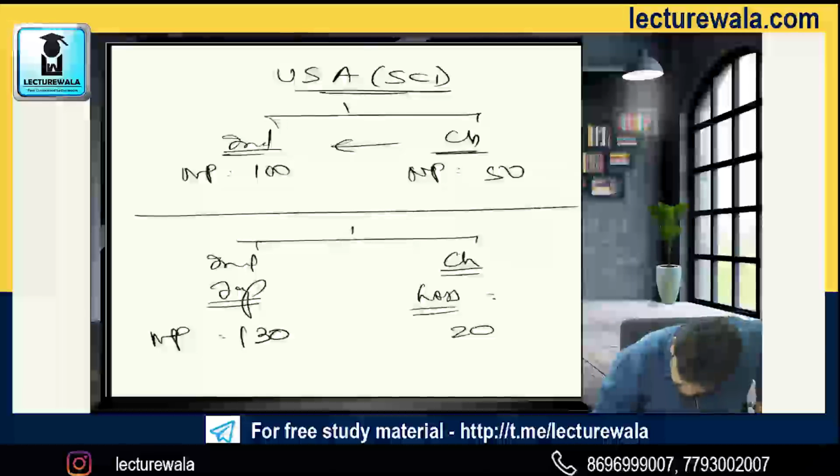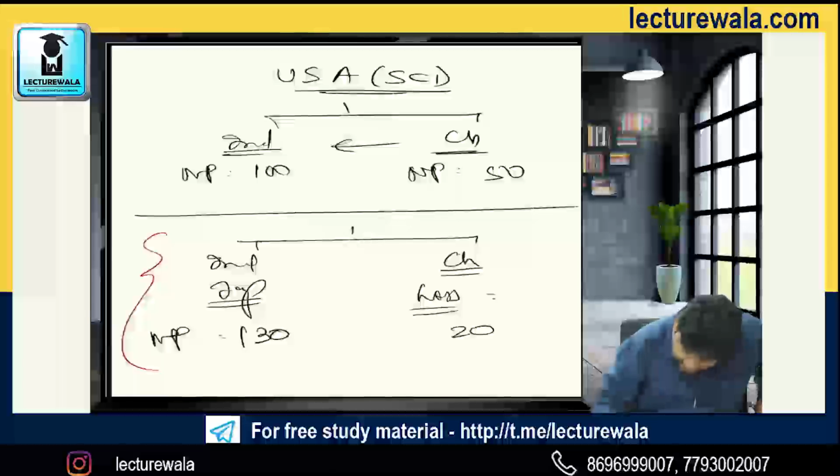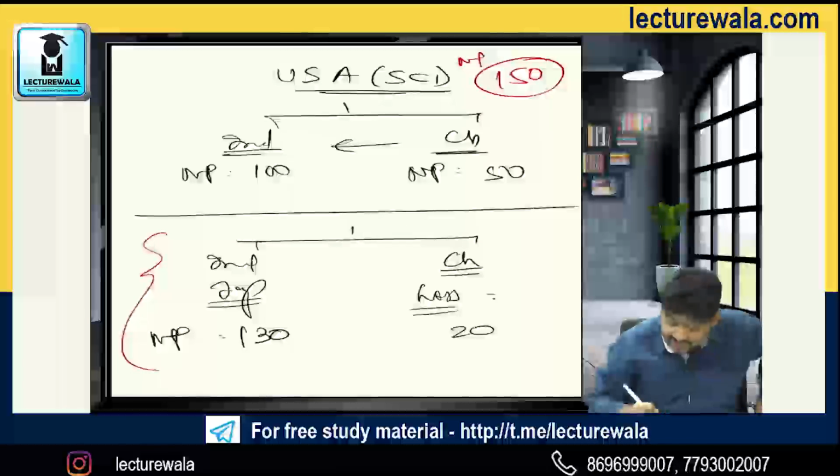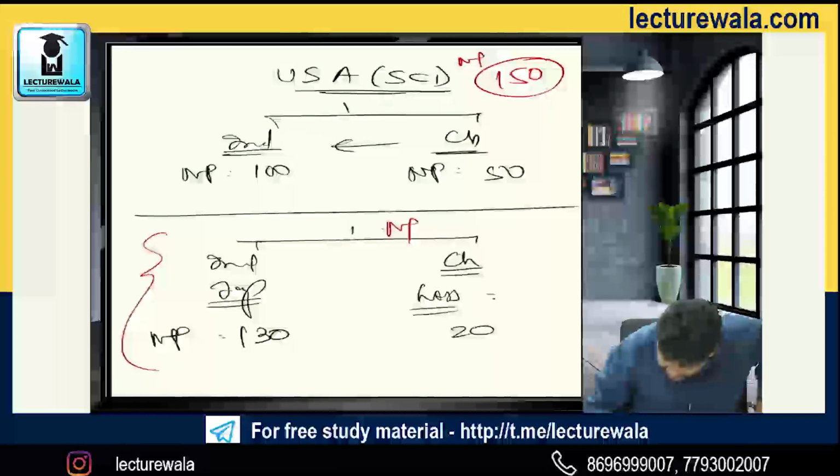So before this transaction, can I say USASCI in consolidation was making a profit of 150? Now after this, US is making a profit of 110.